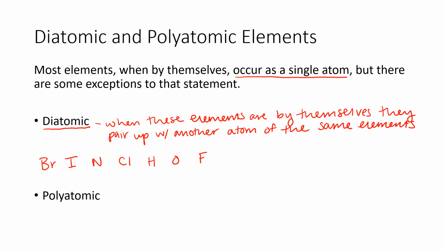So if we were talking about bromine, we're really talking about Br2. If we're talking about iodine, we're talking about I2, and so on with the rest of these diatomic elements. There are also 2 elements that we call polyatomic elements. Remember, these are different than polyatomic ions. So again, these are when elements are by themselves.